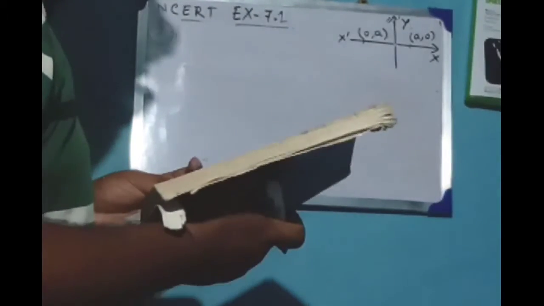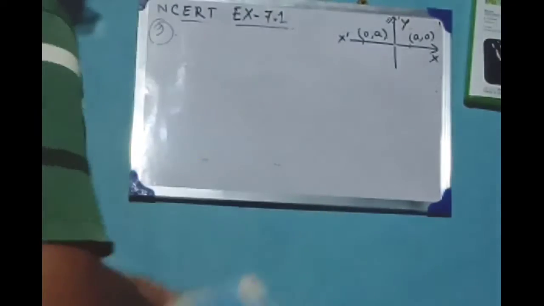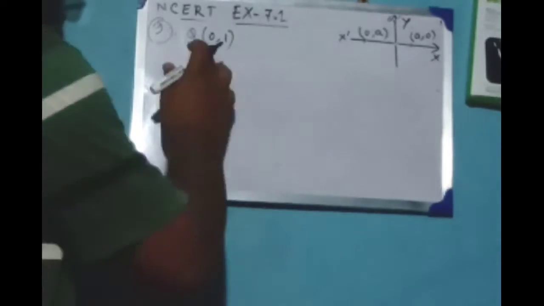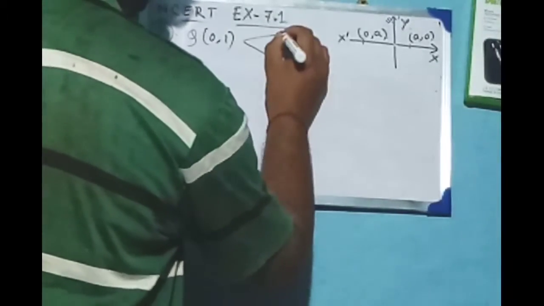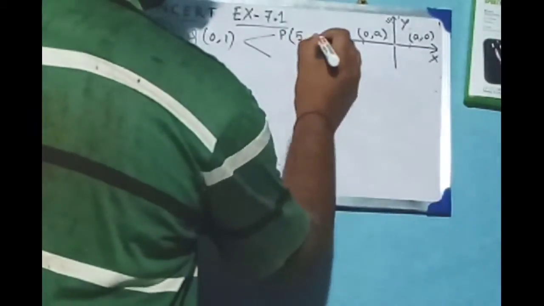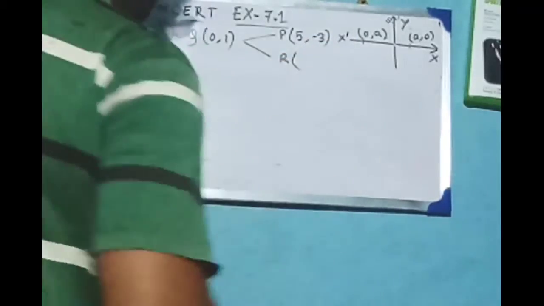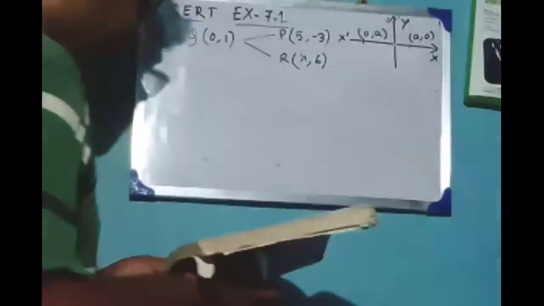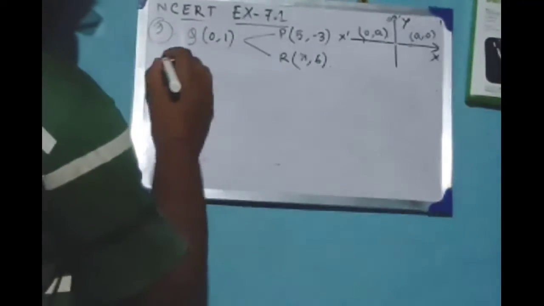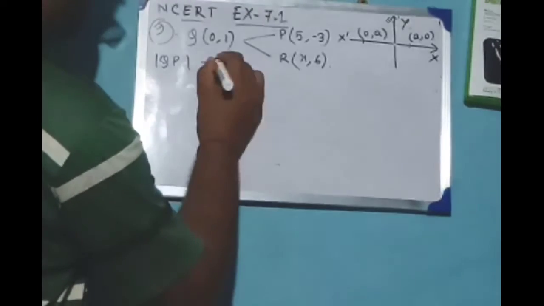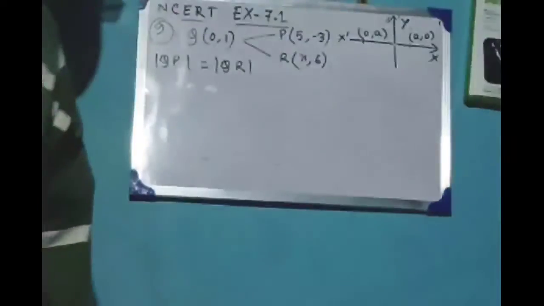It is given that Q (0, 1) is equidistant from P (5, minus 3) and R (x, 6). Equidistant from this means QP equals QR.